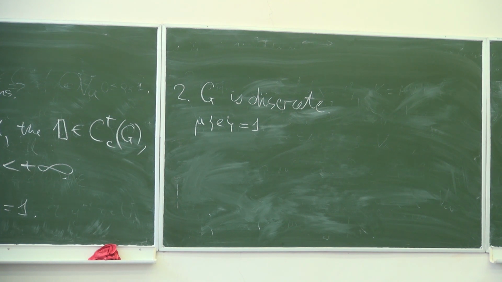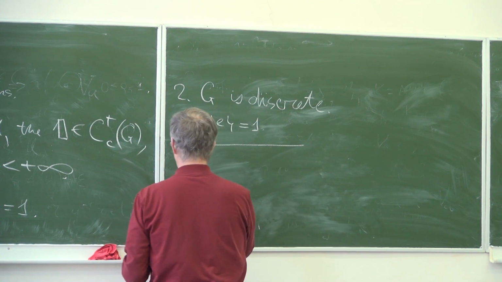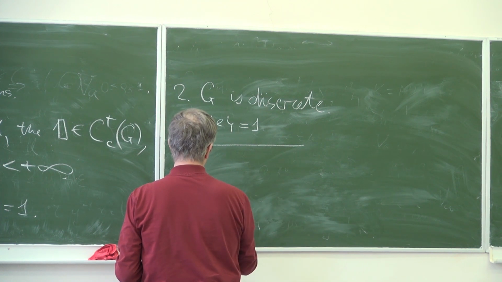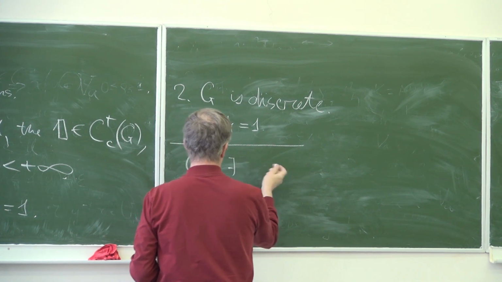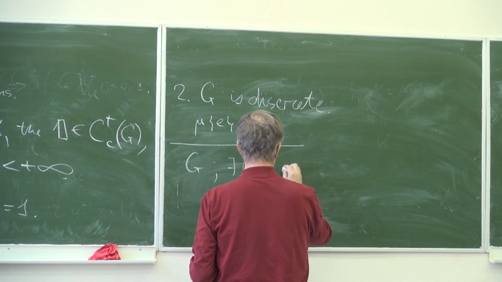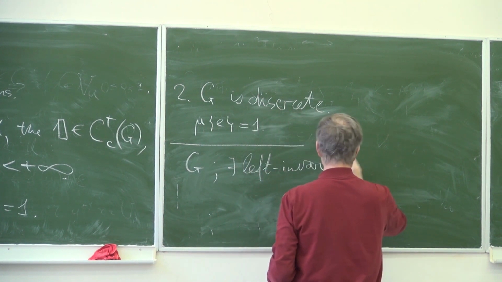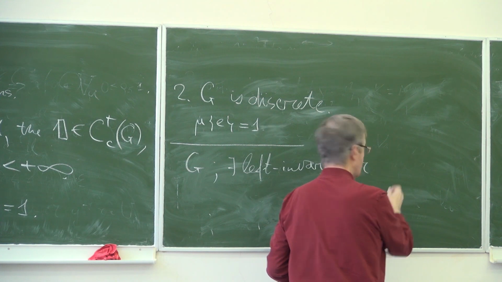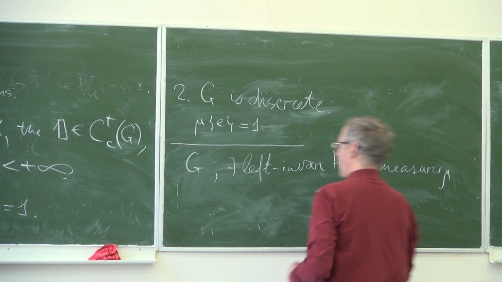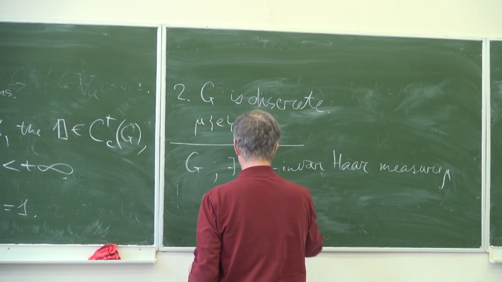And also, of course, there is a right invariant measure. So let G be our group, then there is a left invariant mu, and also this is evident, there is a right invariant nu.